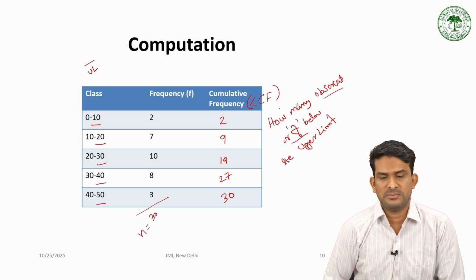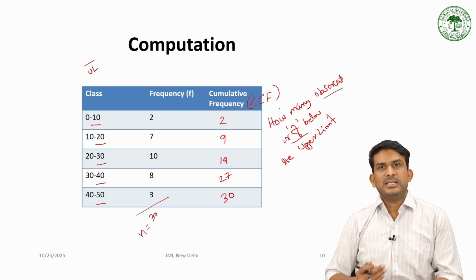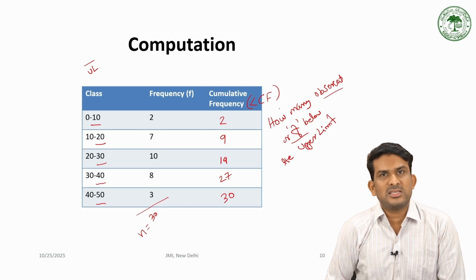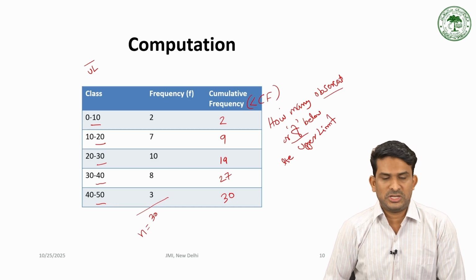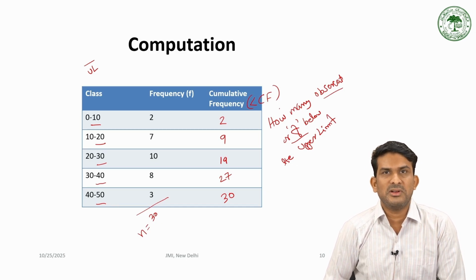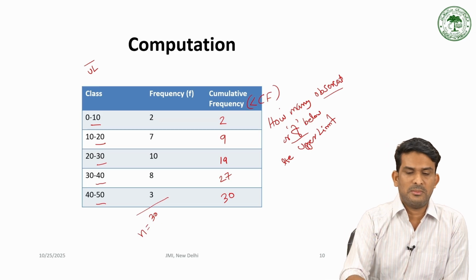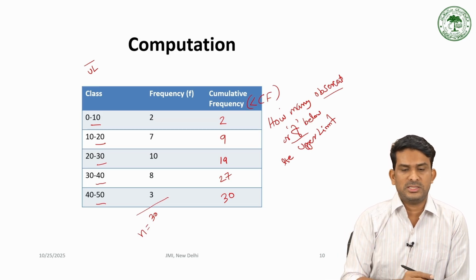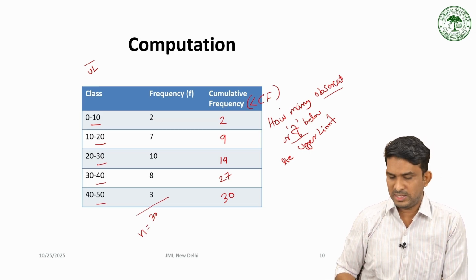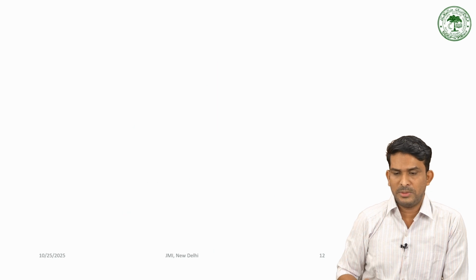Of course, it is. And the other way, sometimes your classes are given in a reverse direction, for example, 40 to 50 is given at the end. Let me come and write in another slide.